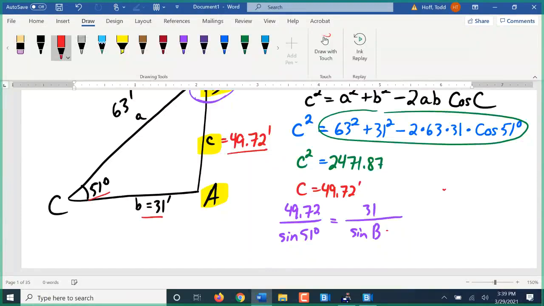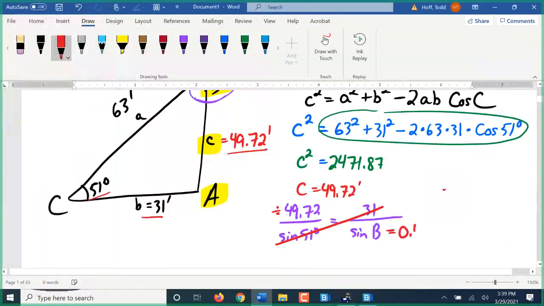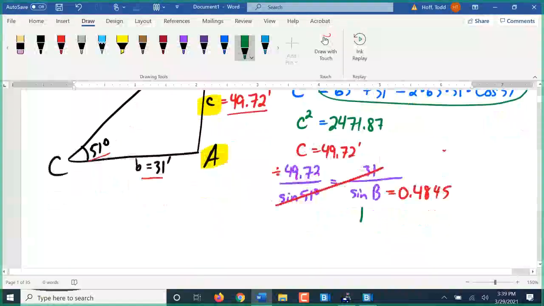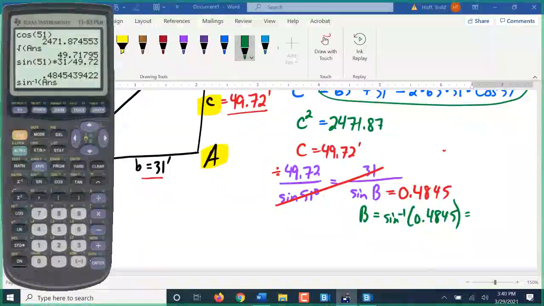Then we use the 31 over the sine of angle B. So now we're going to cross multiply and divide to get the sine of angle B. The sine of 51, close the parentheses, times 31 divided by 49.7. 0.4845 is the sine of angle B. And then, of course, we have to do what? Inverse sine of that answer, 28.98.